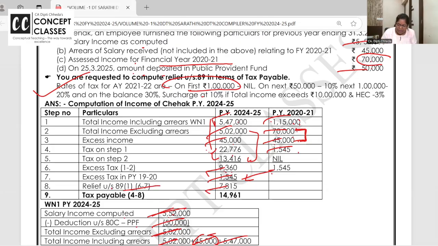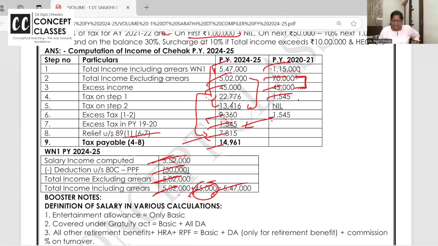Relief. But relief has to be from your first tax. Because right now your income with arrears is 547 and on top of that tax is 22,776. Okay. And right now the tax payable is this.